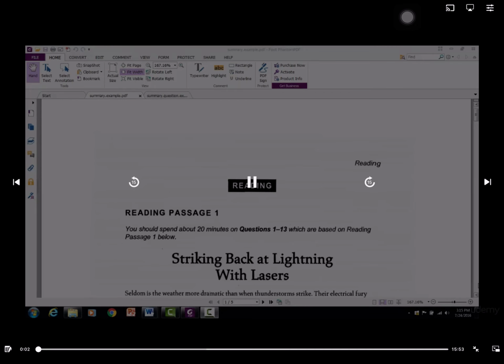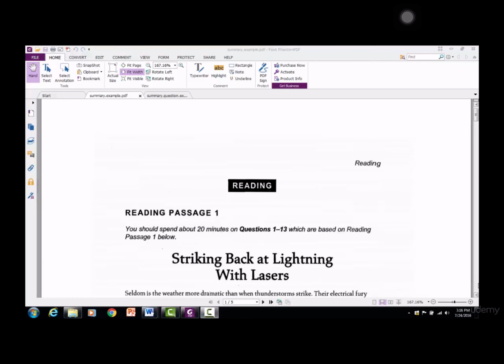Okay, so let's look at an example of the summary question. There's a good example of the summary question where all the words appear in the box, okay? And then we've seen an example of when the words don't appear in the box.